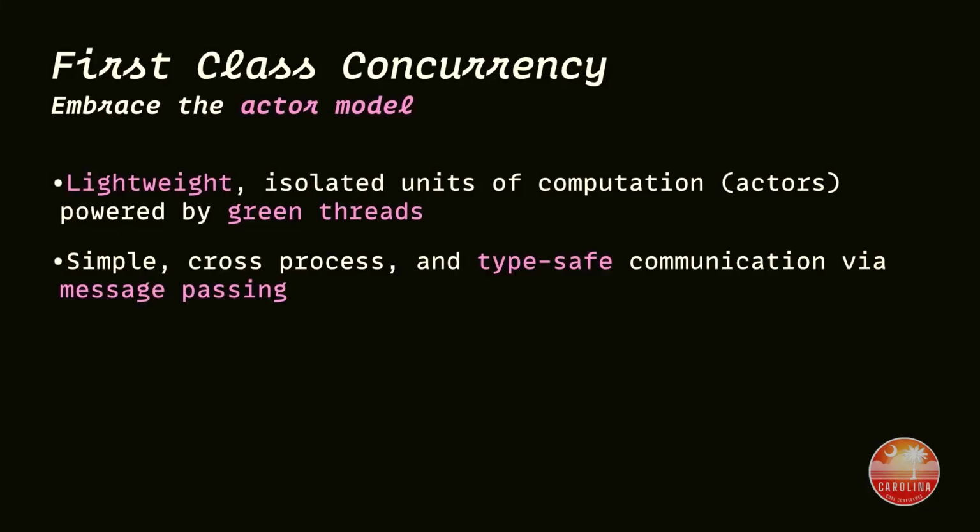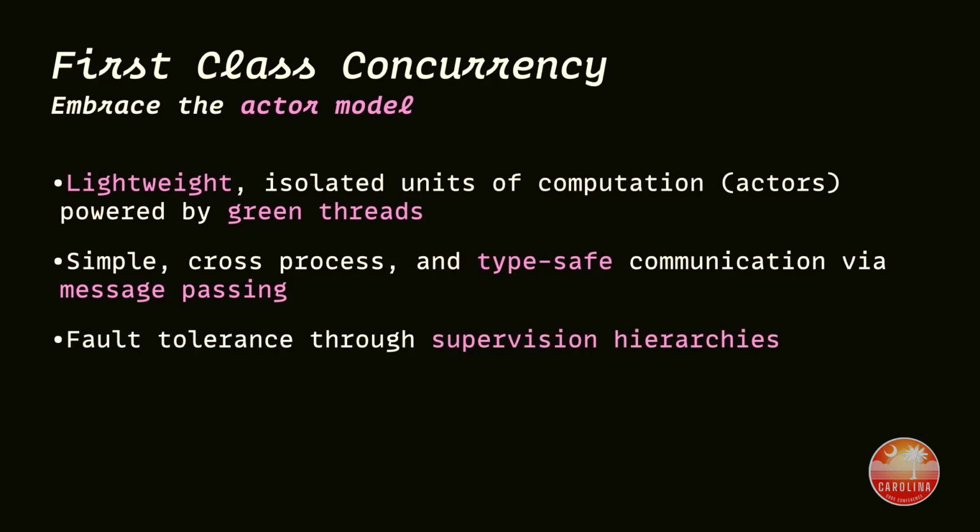It's what powers Go's goroutines, Tokio's tasks. And what green threads are essentially like 4 kilobyte size processes that is managed by a scheduler, a preemptive work-stealing scheduler that lets you blast off millions of these things at one time and do it all concurrently. I also want simple cross-process and type-safe communication via message passing.